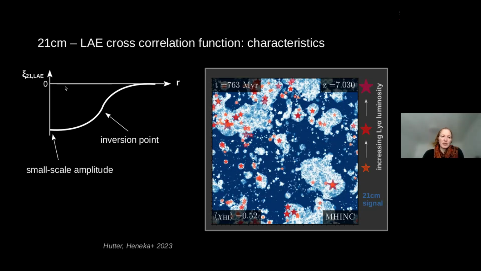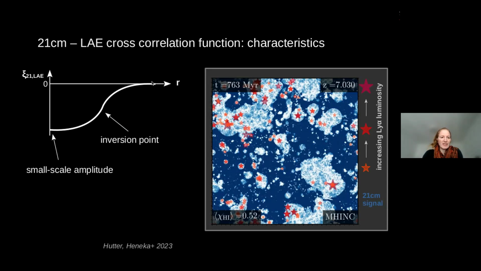What you expect if you cross-correlate these two fields is that on small scales, just around the Lyman alpha emitters, you don't expect any 21 centimeter signal. So on these scales, you expect it to be anti-correlated. However, if you go from the galaxies further out to larger radii, it becomes sort of random whether you hit an ionized or a neutral region.